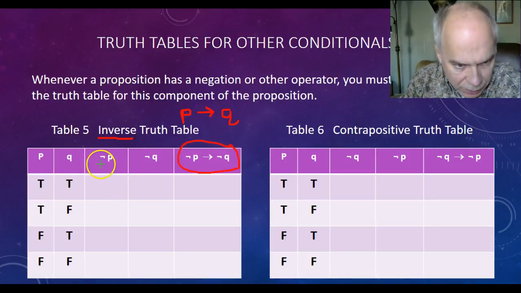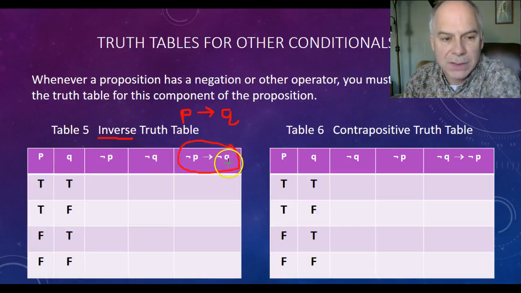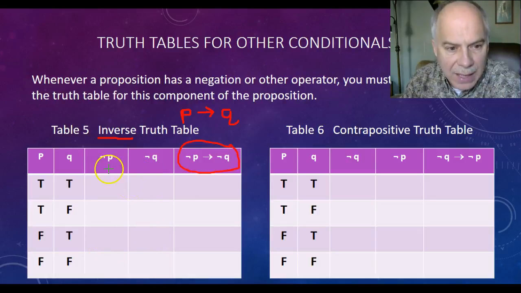Now, whenever you have a statement involving a negation, you need to make a column for that negation. So I have a negation of P, so I'm going to need a not P column, and a negation of Q, so I'm going to need that column. All you have to do is do the opposite of the P column to get the not P column.